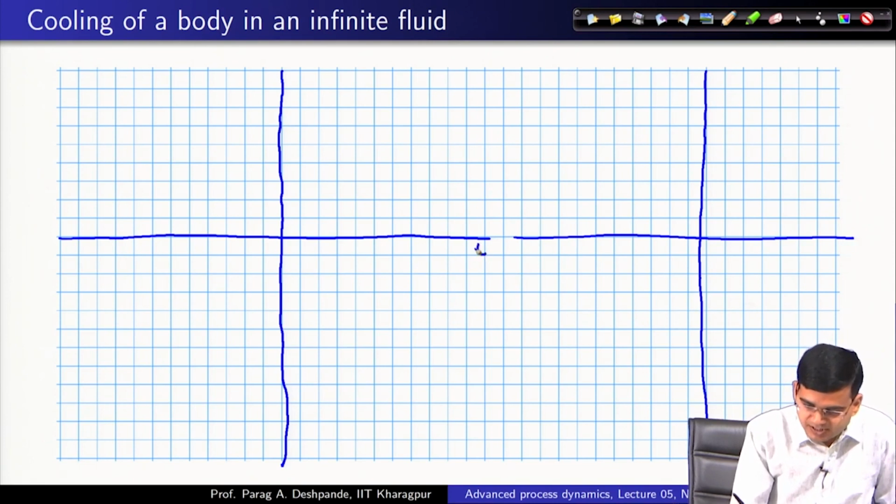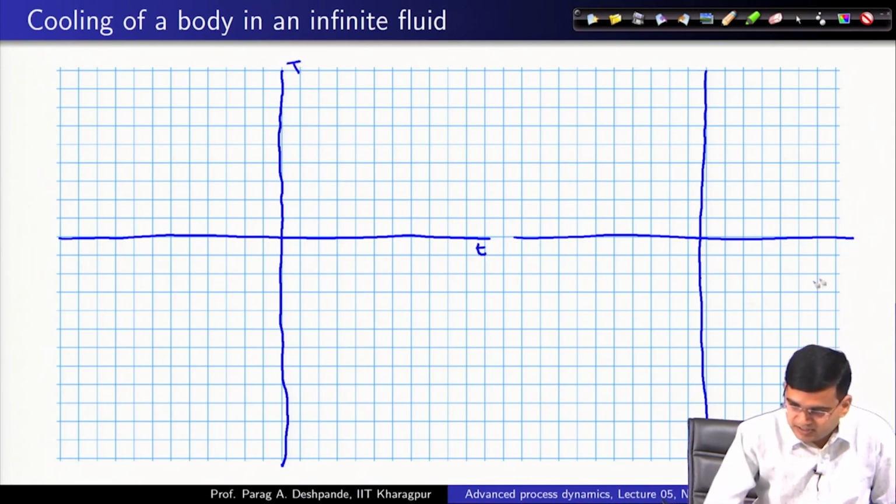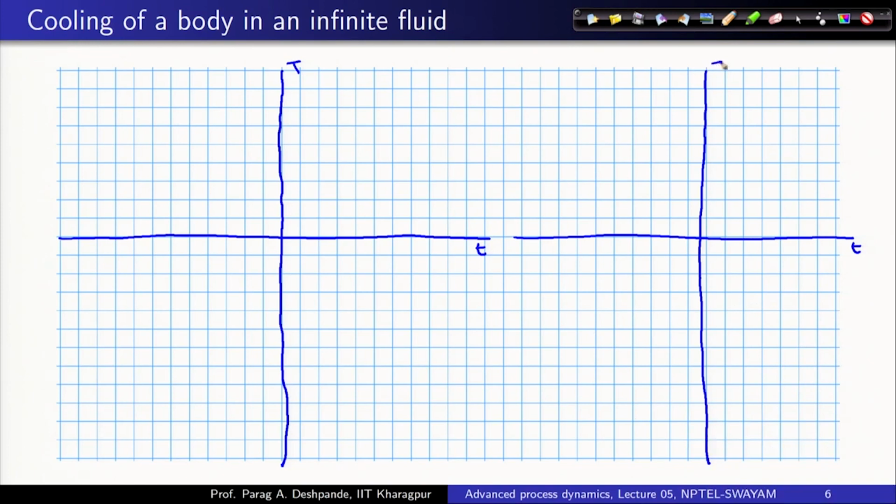This is T, this is capital T, this is T, this is capital T, and irrespective of the value of a, the T equilibrium remains the same, right. So, I will draw the horizontal lines corresponding to T equilibrium.